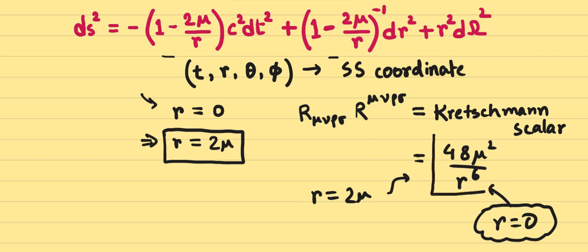And the benefit of using this scalar is that it's a scalar. If you change the coordinates, this quantity does not change. Remember, that's the definition of a scalar. Scalars are invariant under coordinate transformation, whereas tensor components change covariantly under coordinate transformation.